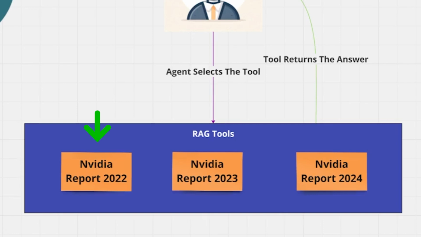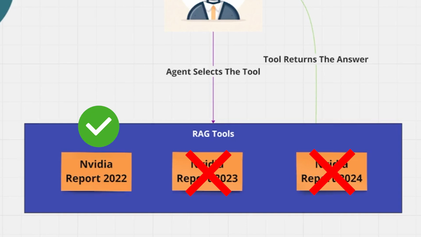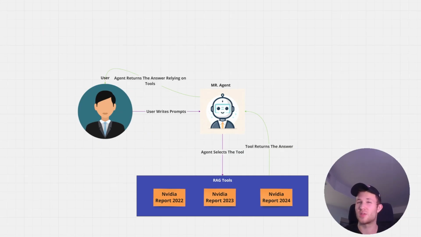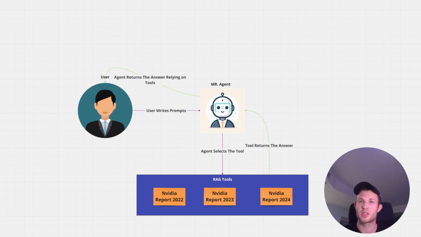We don't need to look up the 2023 or 2024 when the question is about the 2022 data. So that's why we would have to split all our reports into separate tools with the little description that will let the agent choose the right context for us.